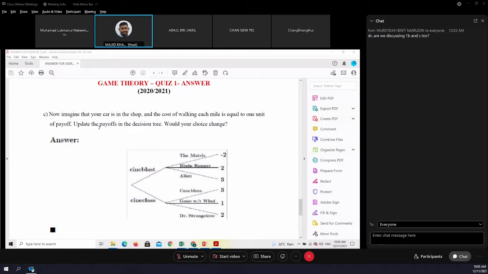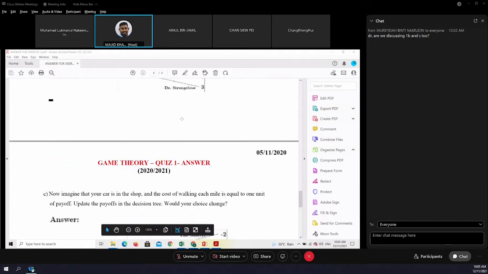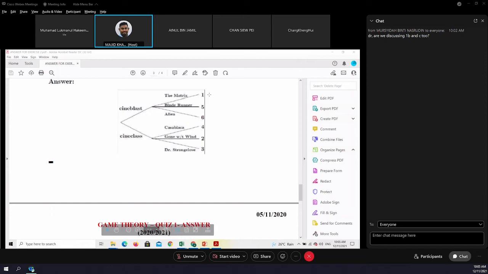So when you update the payoff in the decision tree according to the miles traveled to Sign Blast or Sign Class, you can now determine the new payoff. And from this payoff, it is better to go for Gone with the Wind if your preference is like this, but it depends on your payoff values.